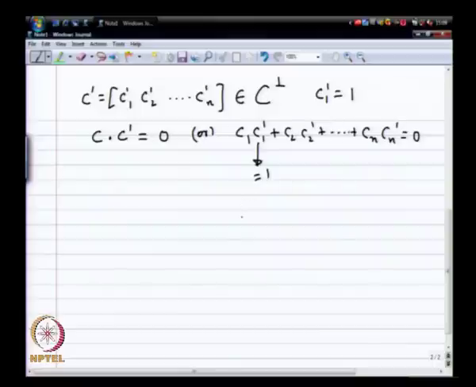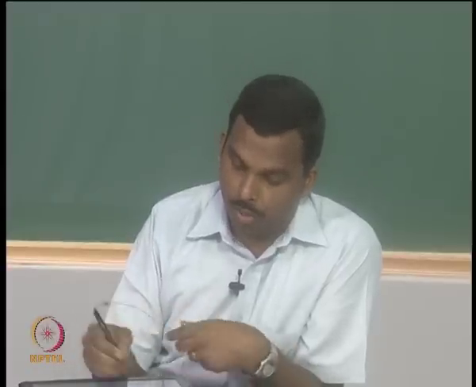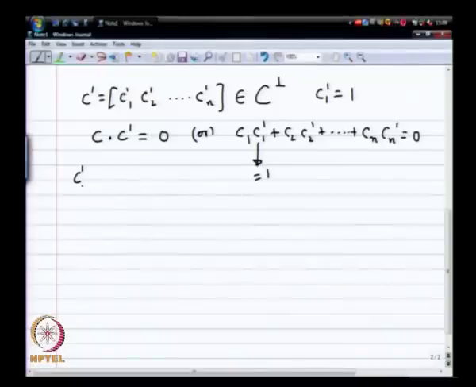So I have C1 plus the other terms, where C prime will be 1 in certain positions and 0 in some other positions. Maybe you can say C prime i equals 1 for i equals i1, i2, so on, let us say up to iW. So there are W ones in C prime. Of course, i1 is equal to 1, and the remaining ones are also 1.